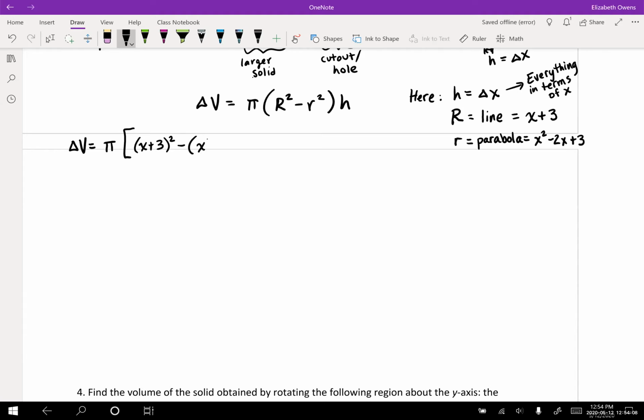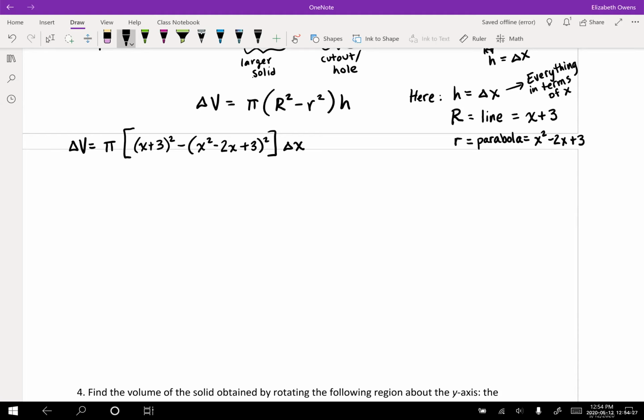So we're going to have to square out x squared minus 2x plus 3, and then times h, which is delta x. A little bit gross there, but we can do it.